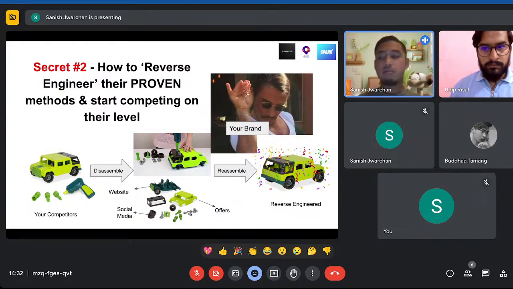Or even better. So in a nutshell, for a quick example, take a toy car. It's already made and it looks pretty, it's nice, it works, it functions well.